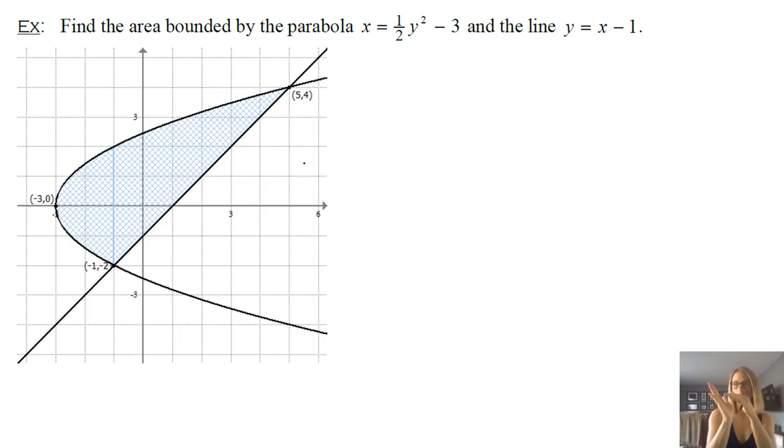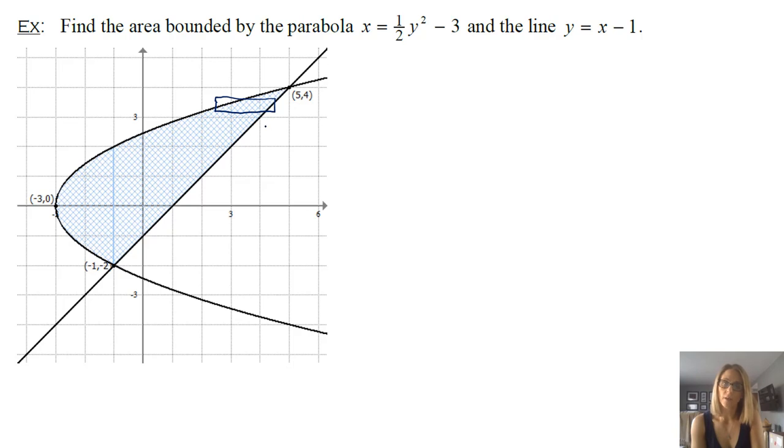There is a curve that is always on the right hand side and always greater than the other one. That tells us that we want to focus on rectangles that sit this way, horizontally.